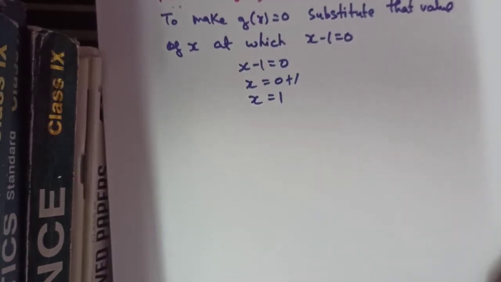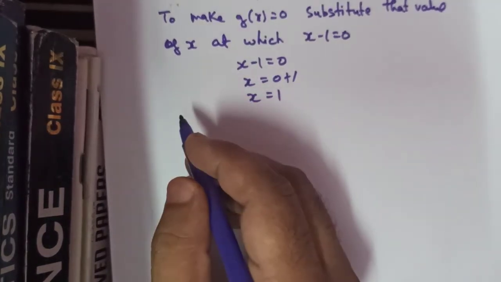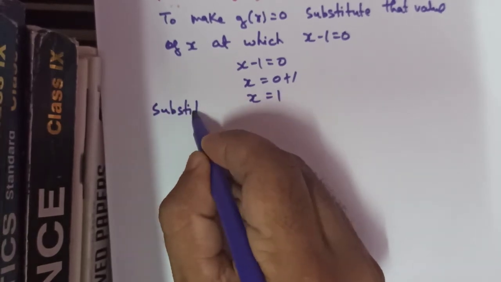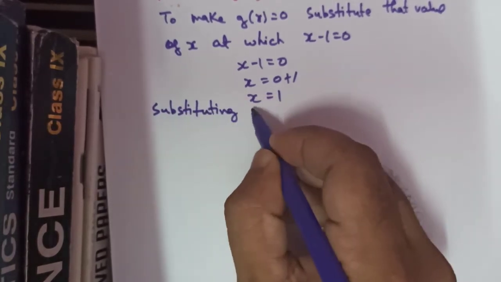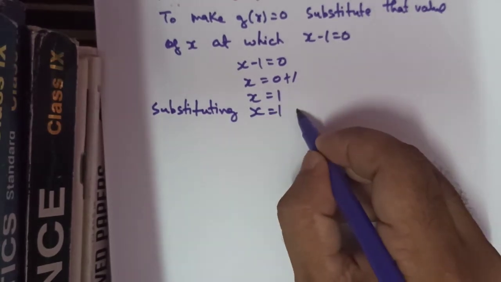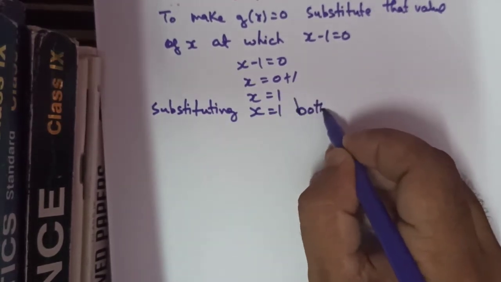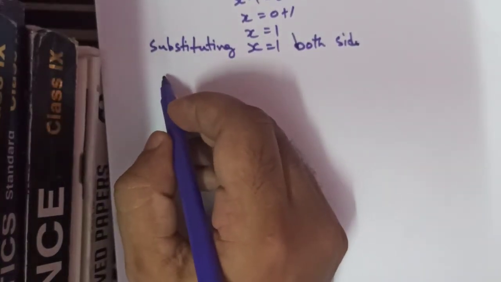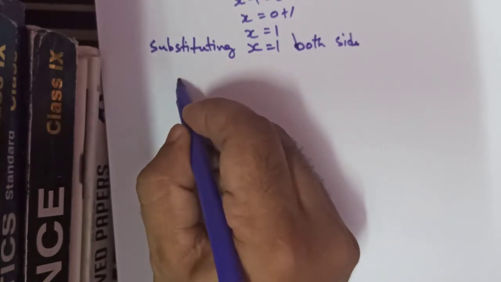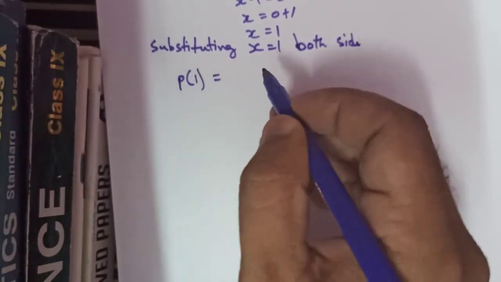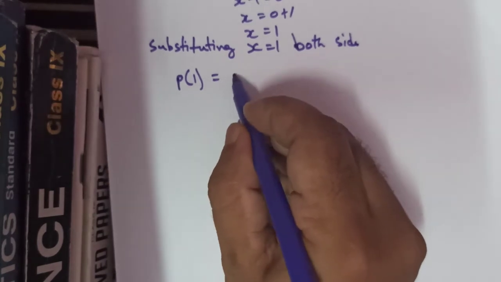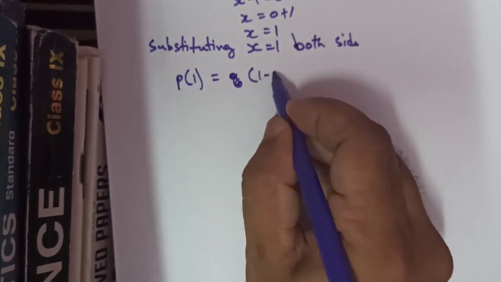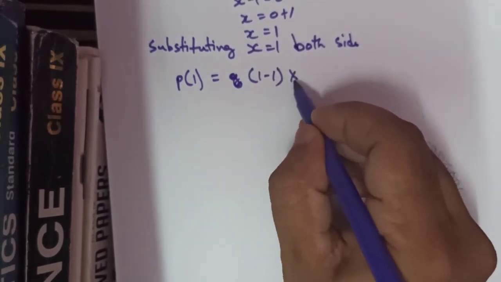So we substitute x equals 1 on both sides, the left hand side as well as the right hand side. On the left hand side, px will become p1, and gx, that is x minus 1, becomes 1 minus 1, that is 0, into the quotient.